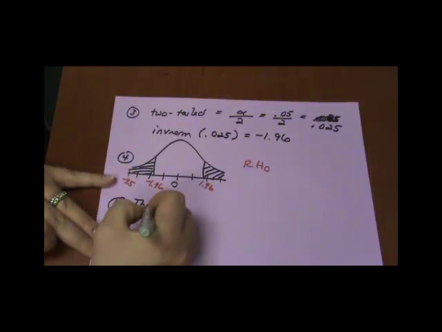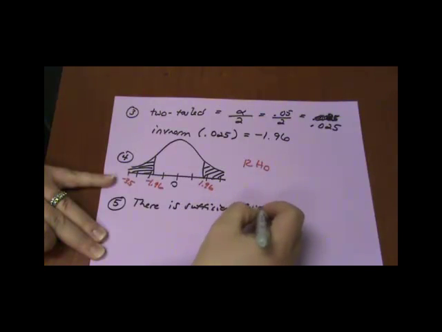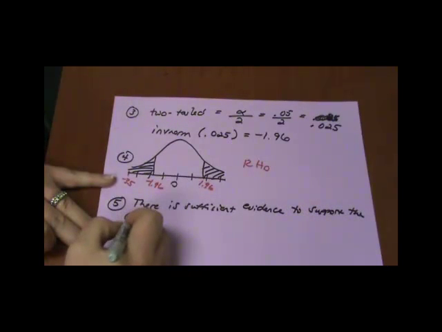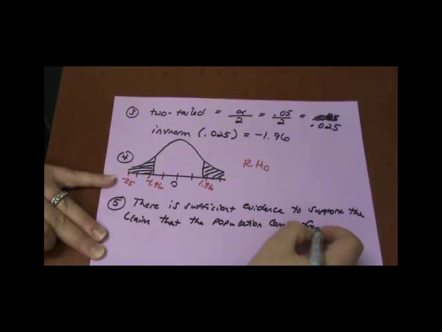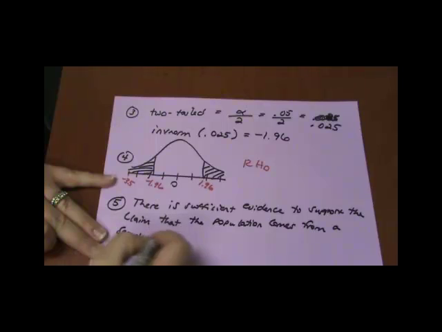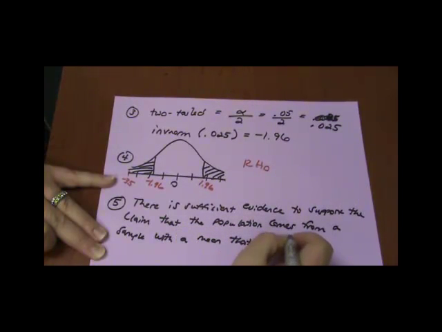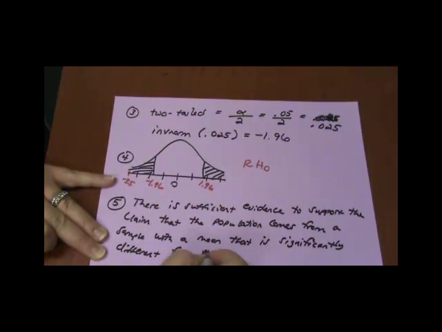So you're going to say there is sufficient evidence to support the claim that the population comes from a sample with a mean that is significantly different from $112.